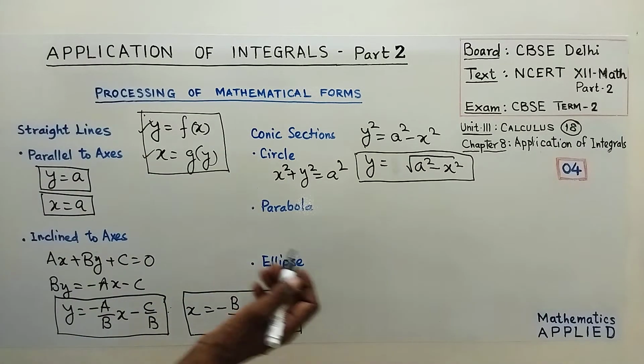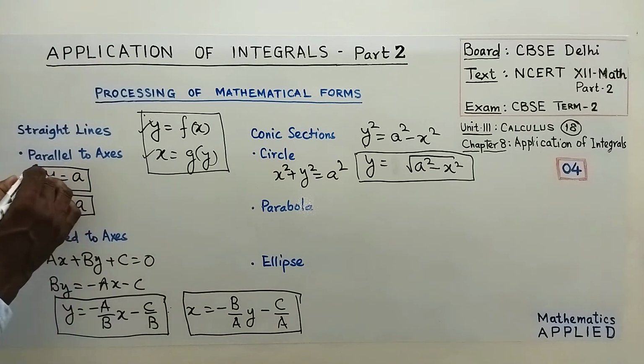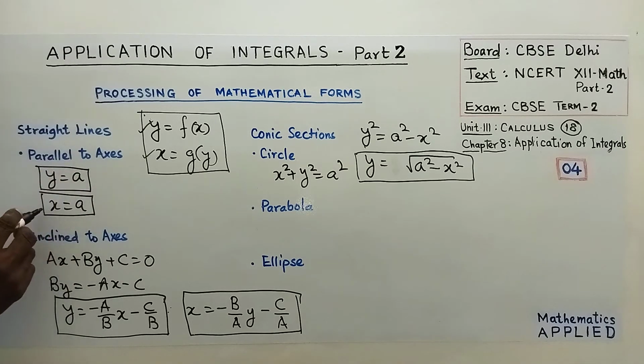So what does it mean? This curve represents a straight line which is parallel to the x axis. This curve represents a line which is parallel to the y axis. And this curve, because you have just processed it into this form, also represents the same line.